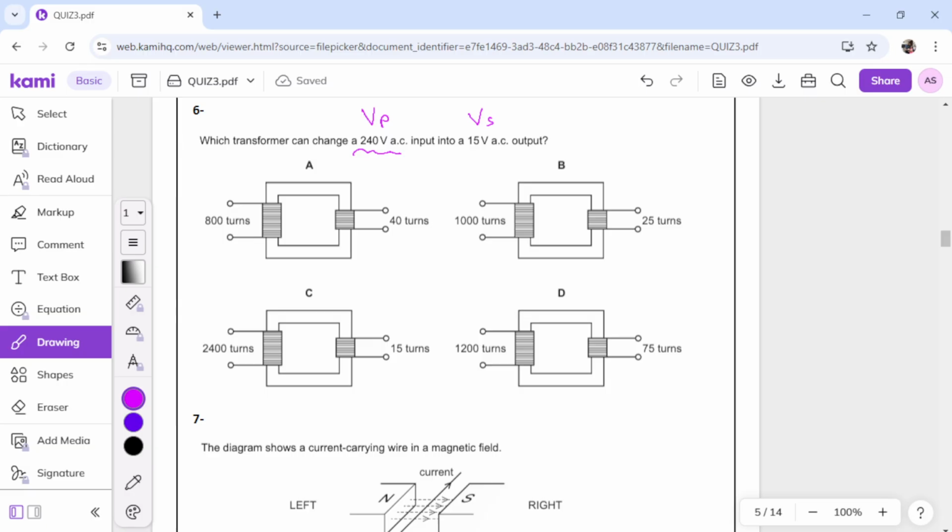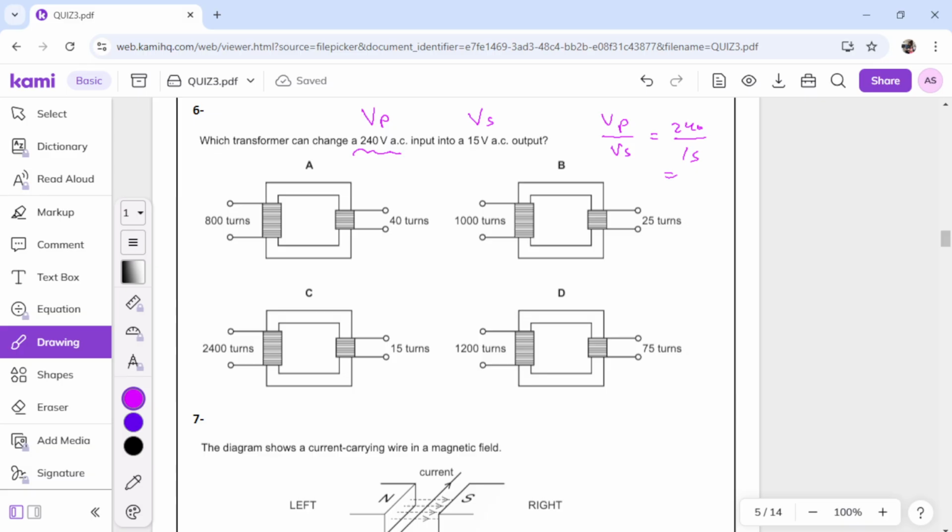So now you need this ratio, VP over VS, I need the same ratio. So 240 over 15 equals what? So we have to use a calculator now. 240 divided by 15 equals 16.